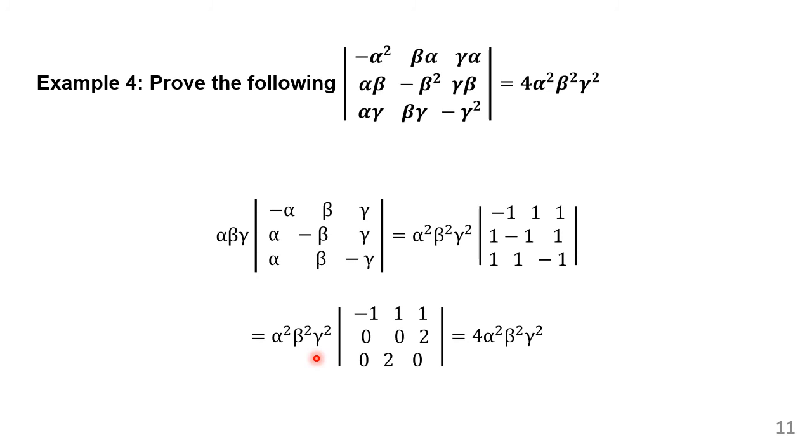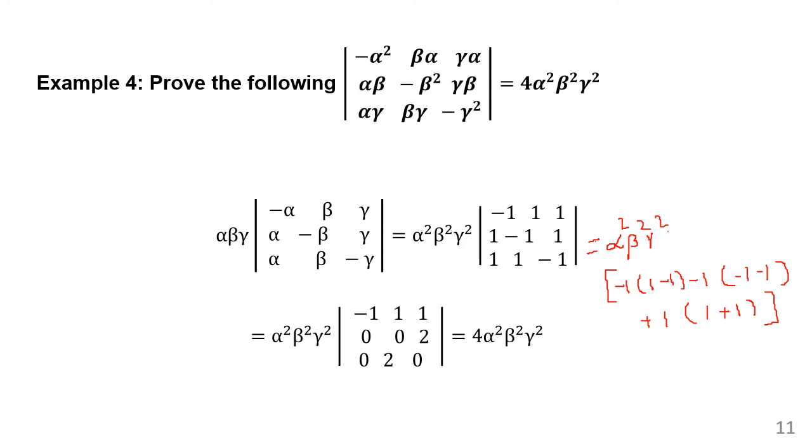So that will be equal to, when I take the determinant of this, alpha square, beta square, gamma square multiplied by minus 1 into minus 1 plus 1 minus 1, so minus 1, it is minus 1 minus 1, then plus 1. So we have here 1 plus 1.